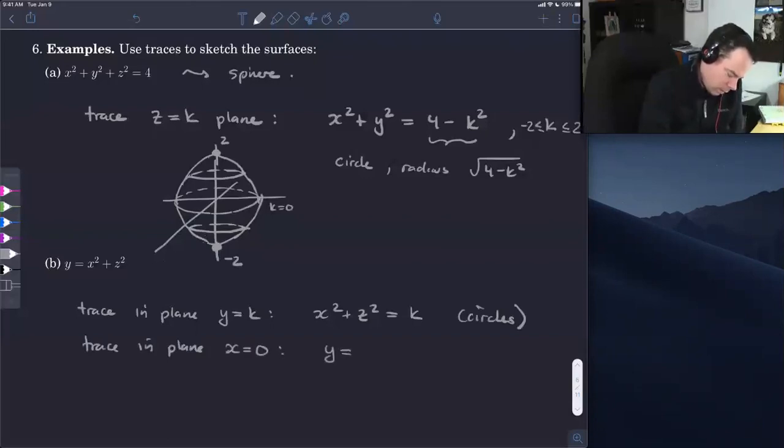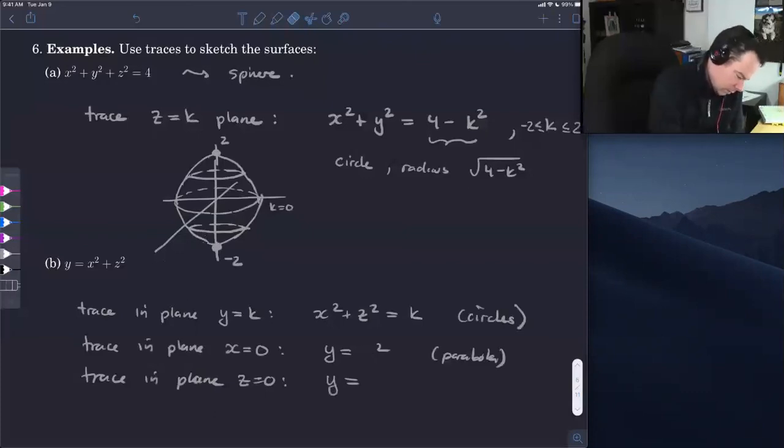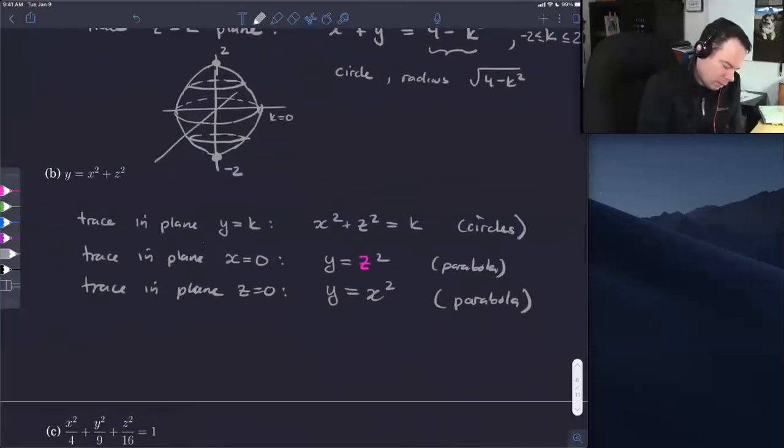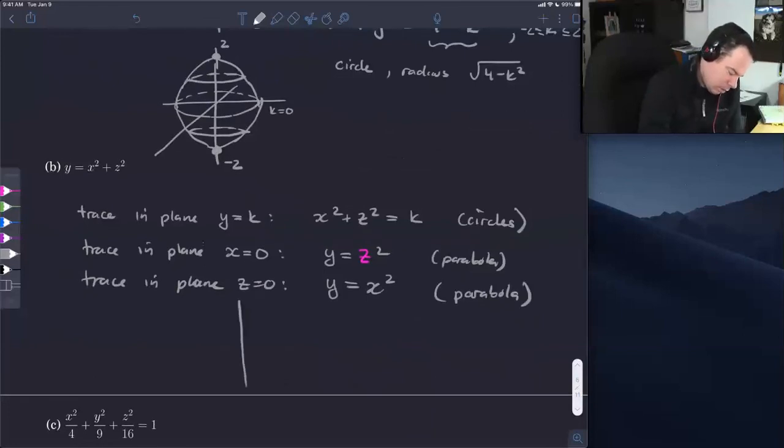That would be y equals z squared. That's a parabola. Or I could do the trace in plane z equals 0. Sorry, in this case, it's y equals x squared because the z value is 0. That's again a parabola. So I can take that information and build it all into my picture.